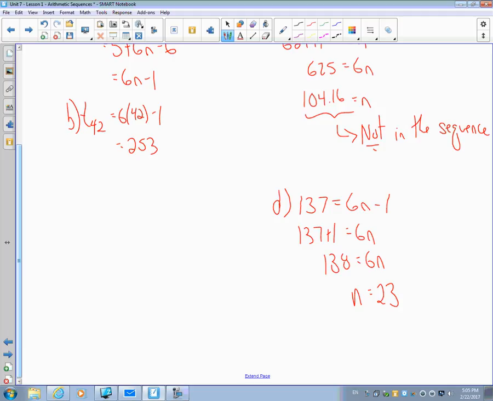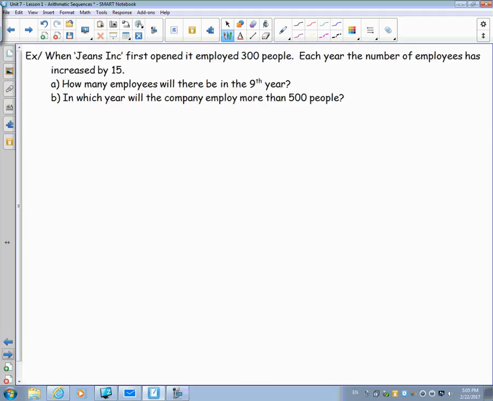And a word problem for us. We have Jeans Inc. When they opened, they had 300 people employed. Each year, the number of employees has increased by 15. How many employees will there be in the 9th year? In other words, what's term number 9 of this pattern? It's a pattern because it's going up by the same amount each time. So if I make myself a general equation, start with 300.